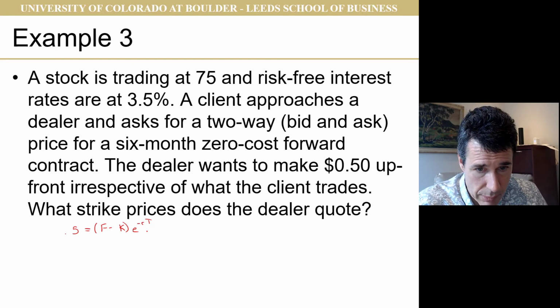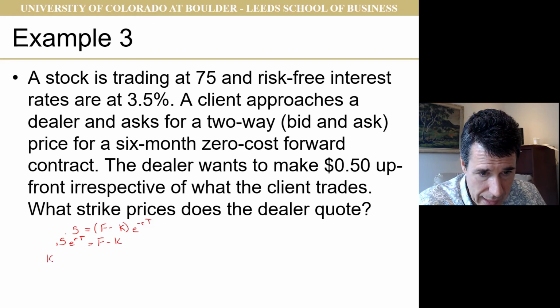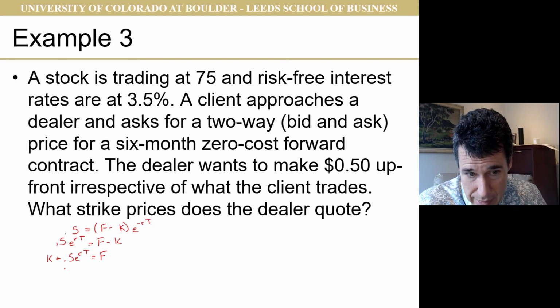So multiply both sides by e to the RT. So 0.5, the profit, e to the RT, we're growing our profit to the maturity of the contract, equals F minus K. So K plus 0.5 e to the RT equals F, or K equals F minus 0.5 e to the RT.